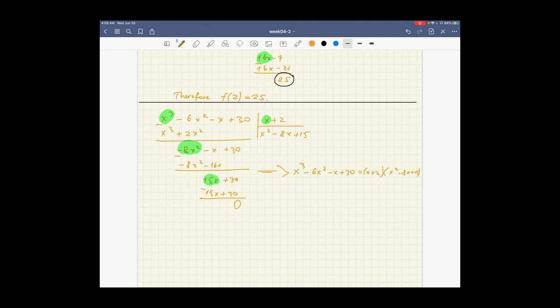And now it's easy to find the other factors, because factoring out this quadratic polynomial is no problem. It factors as x minus 3, x minus 5.